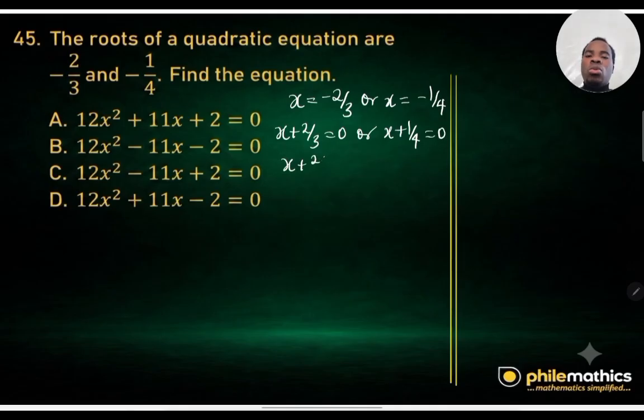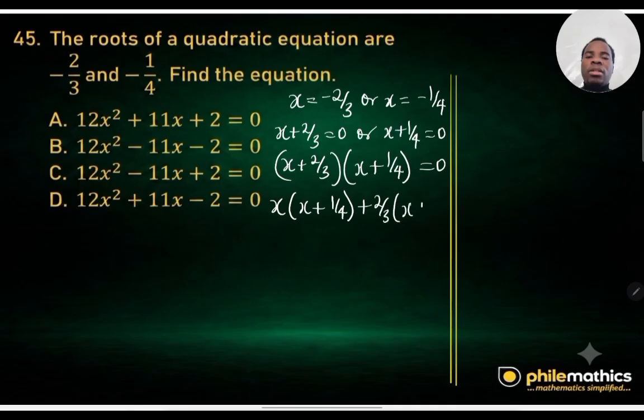x plus 2/3 multiplying x plus 1/4 equals 0. Now you want to multiply: x multiplying x plus 1/4, plus 2/3 multiplying x plus 1/4.